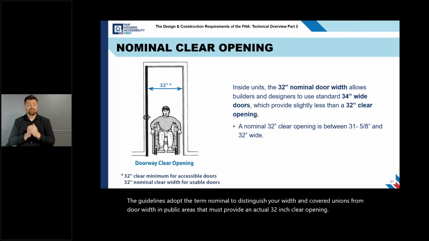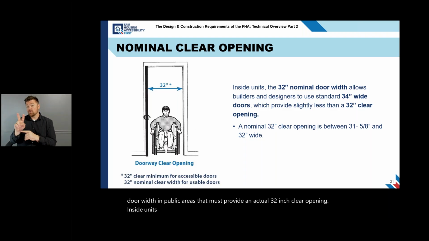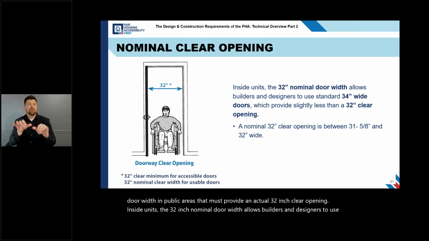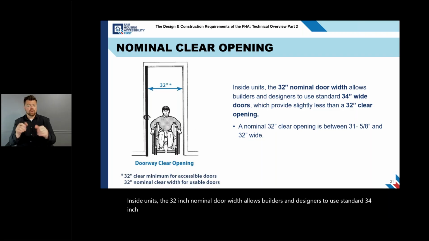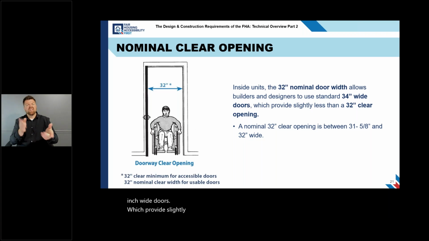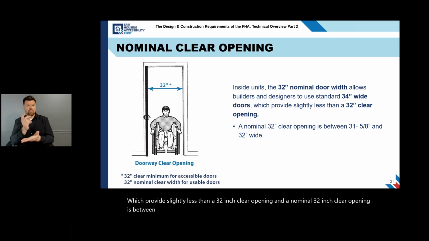Inside units, the 32-inch nominal door width allows builders and designers to use standard 34-inch wide doors, which provide slightly less than a 32-inch clear opening. And a nominal 32-inch clear opening is between 31 and 5/8 of an inch and 32 inches wide.